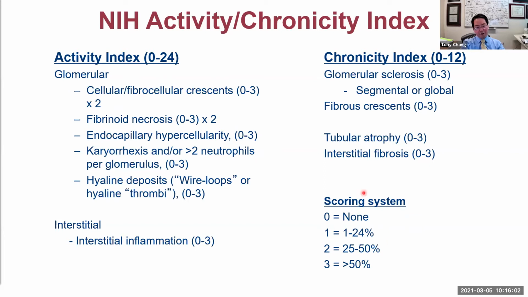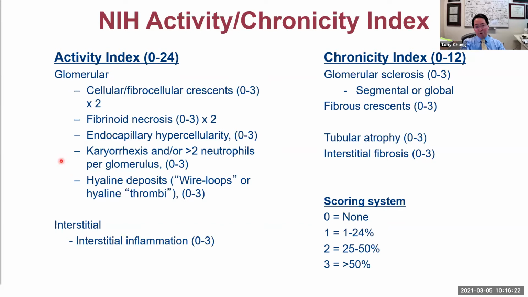You can see the scoring system here: if you have less than 25% involvement, it gets a score of 1, 25 to 50% is a score of 2, and greater than 50% is a score of 3. And so potentially fibrinoid necrosis and crescent formation can take up 12 of the 24 points.